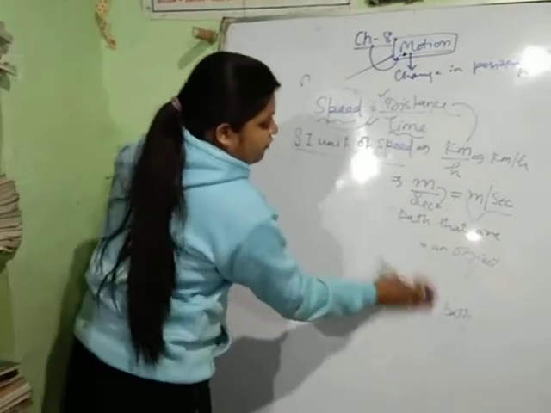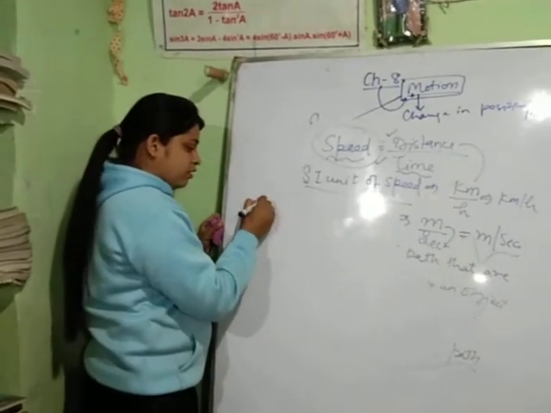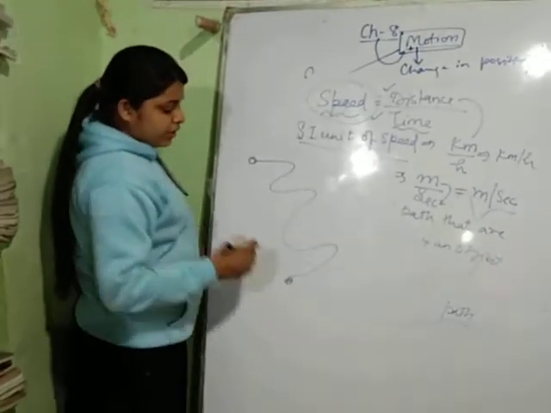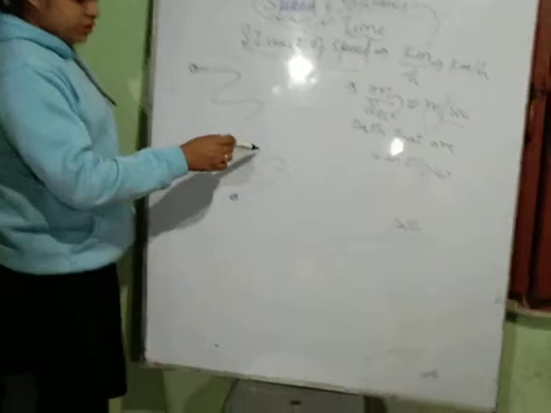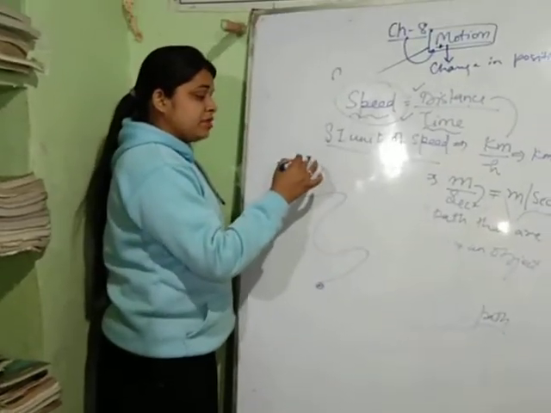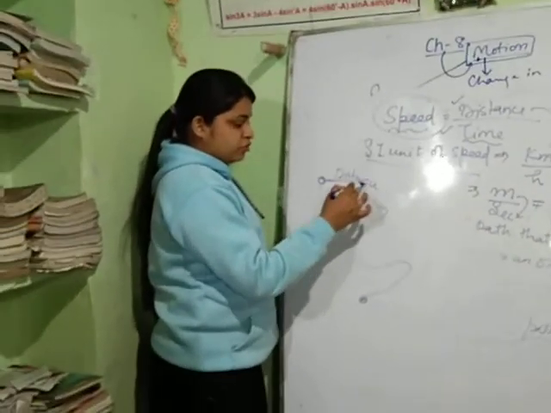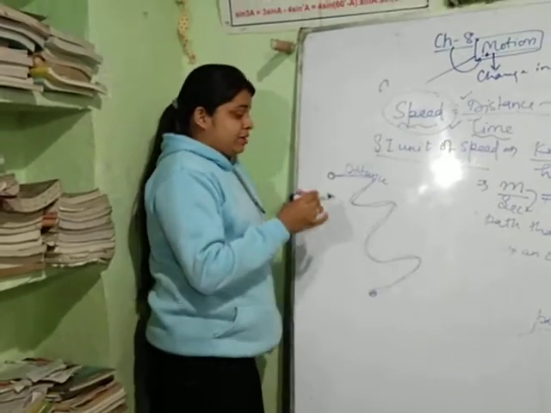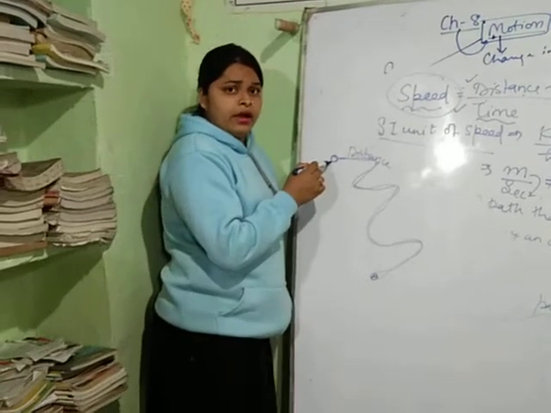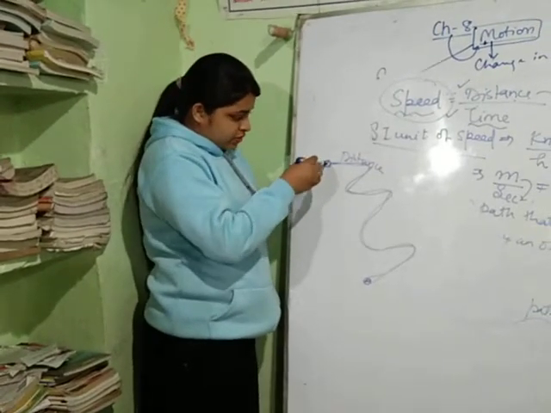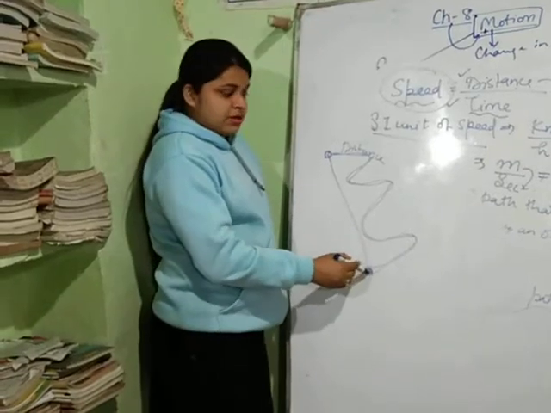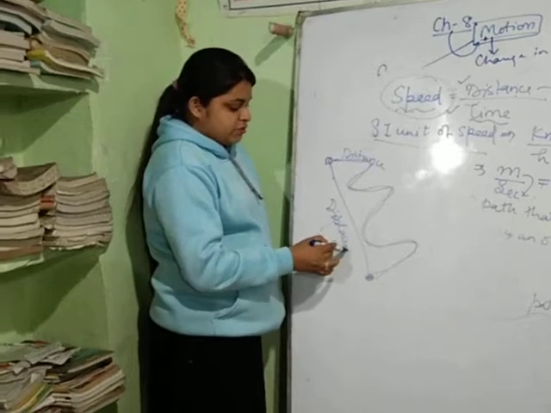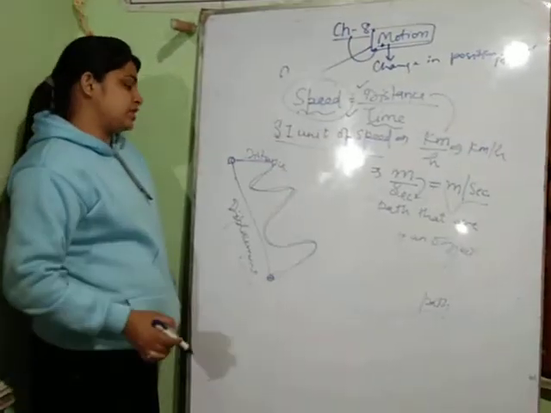When an object travels from here to there, the total path it takes is the distance. But when an object uses its mind and makes a shortcut from this to this, this shortest path is called displacement. Hope you understand very well.